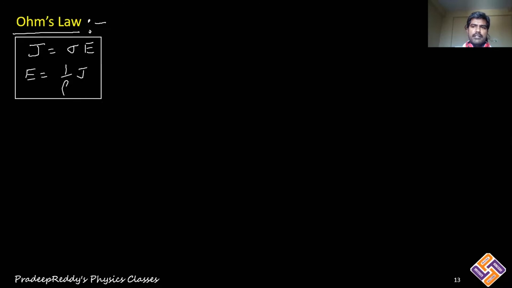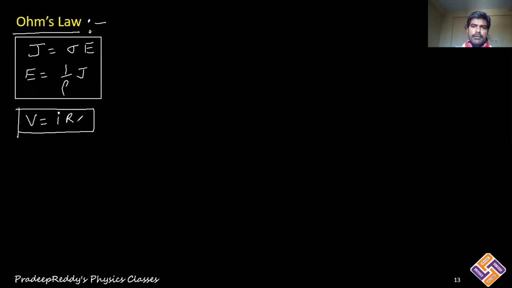These are the things which we have discussed, and we have also learned V is equal to IR. So from J is equal to sigma E, or E is equal to 1 by rho into J, we have got V is equal to IR, and this is another form of Ohm's law.